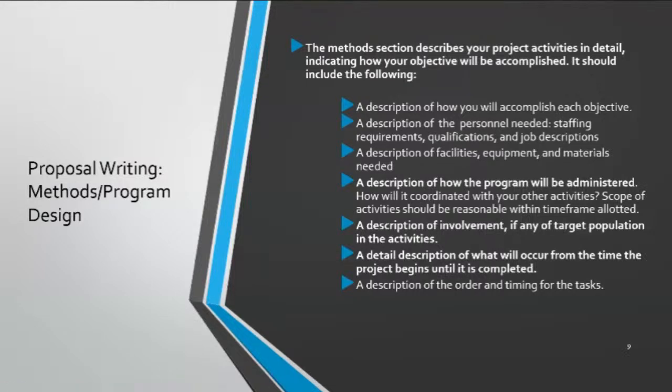Okay, now let's go to the how when it comes to what you plan to do. And the how is what we call the method section or the program design. The method section describes your project activities in detail, indicating how your objectives will be accomplished.